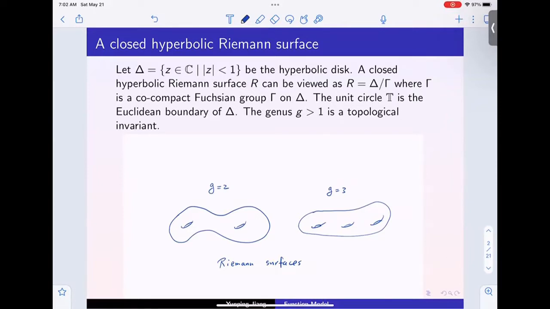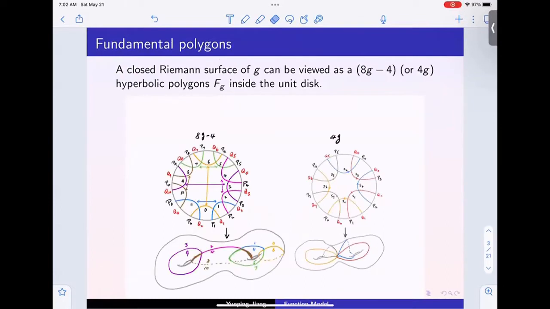Here are two pictures, one of genus 2 and one of genus 3. That is what a hyperbolic Riemann surface looks like. As a quotient space, the hyperbolic surface can be viewed as hyperbolic polygons on the unit disk.